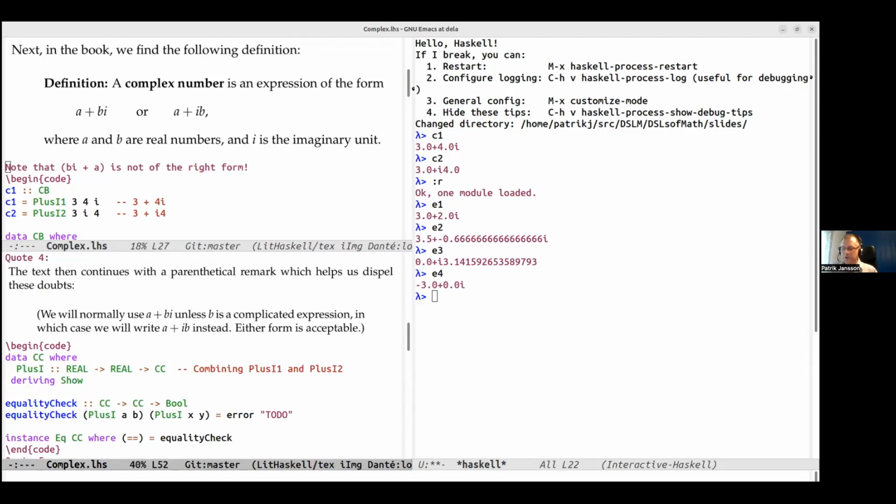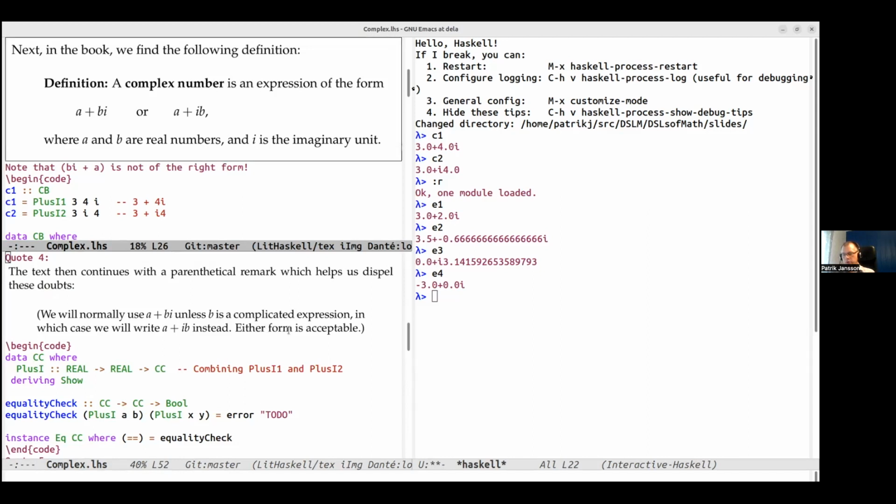This is a bit of a strange comment. We will normally use a plus bi unless b is a complicated expression, in which case we will write a plus ib instead. Either form is acceptable. Now, if we compare with the quote up here, quote number 1, it's said that a complex number is of either these forms.